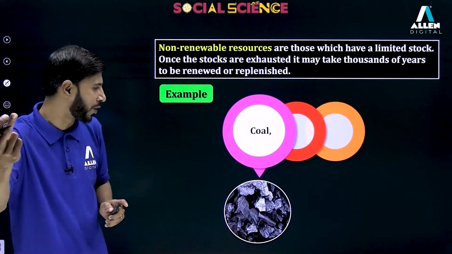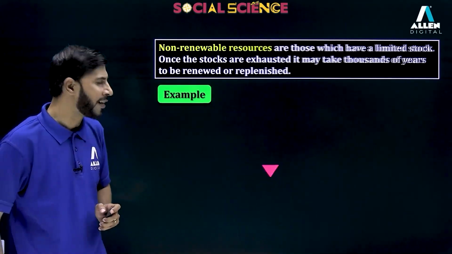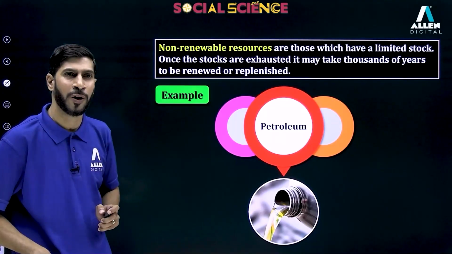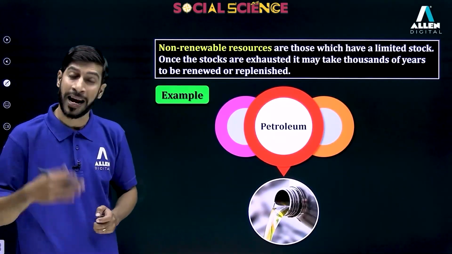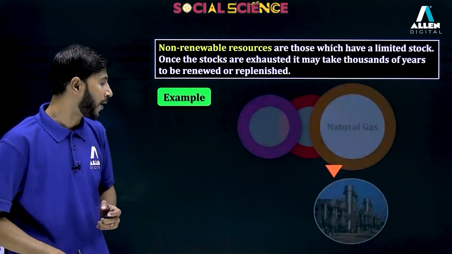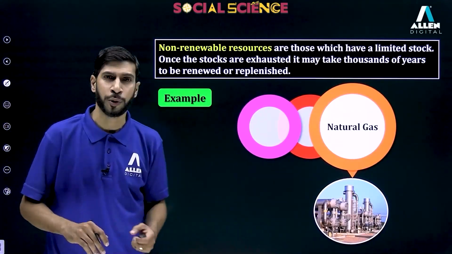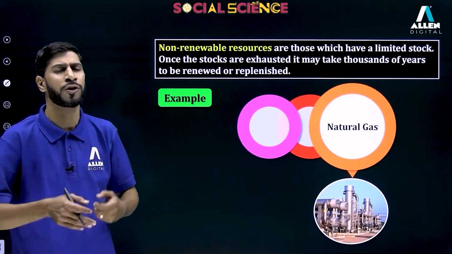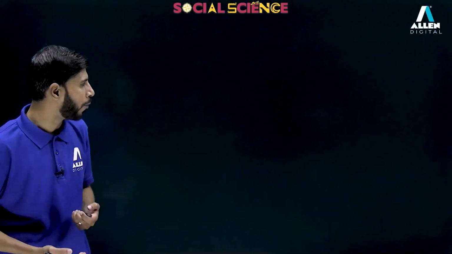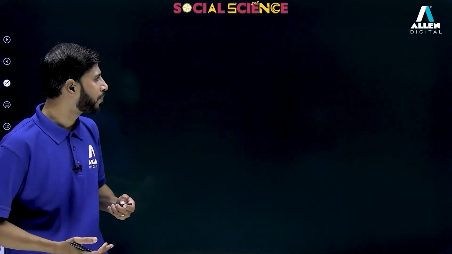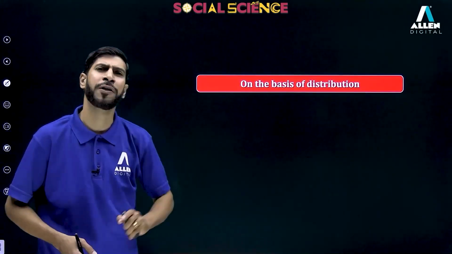Coal is an example of non-renewable resources. Petroleum is an example. Natural gas is also an example of non-renewable resources, and they take millions of years to form.